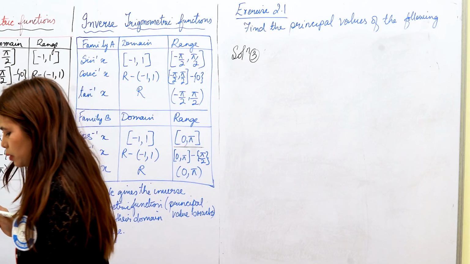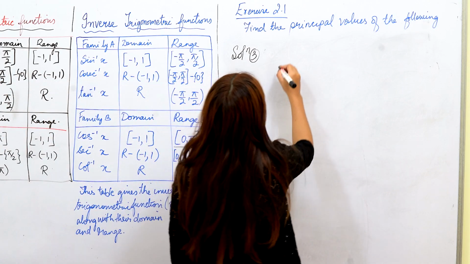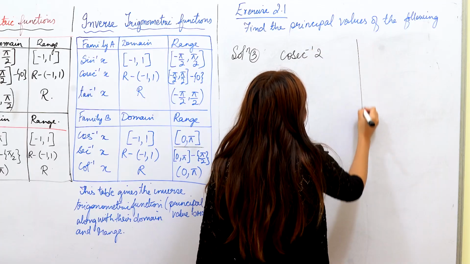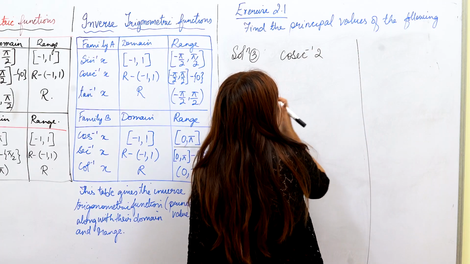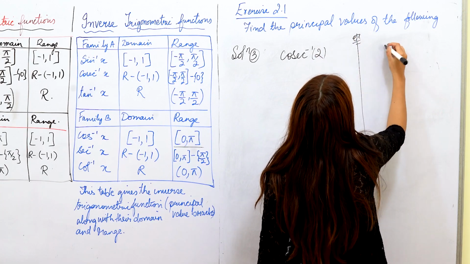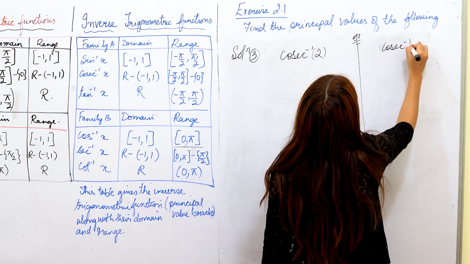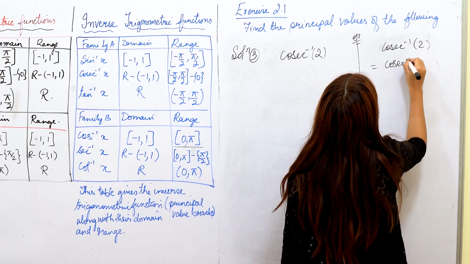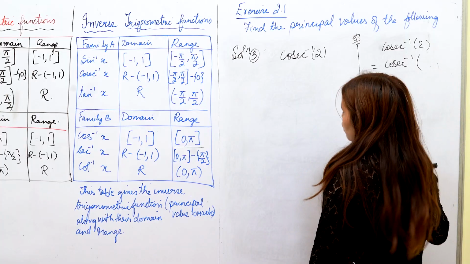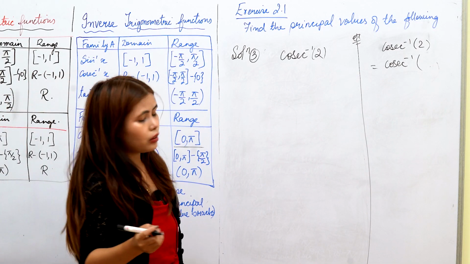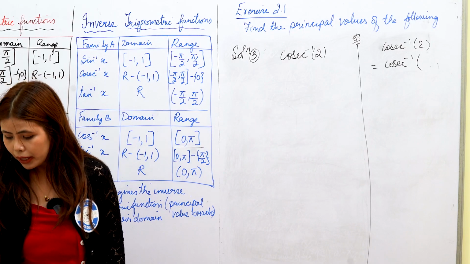Solution number 3: cosec inverse 2. With the shortcut, cosec inverse 2: 2 is the cosec of pi by 6.